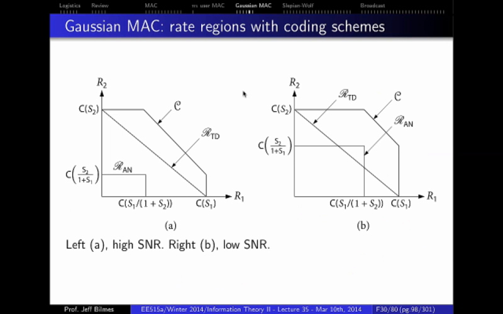The as-noise polytope corresponds to these guys here. This is saying you can do anybody here in the high signal-to-noise ratio case, and anybody here in the low signal-to-noise ratio case.